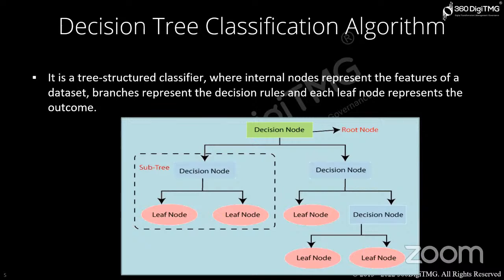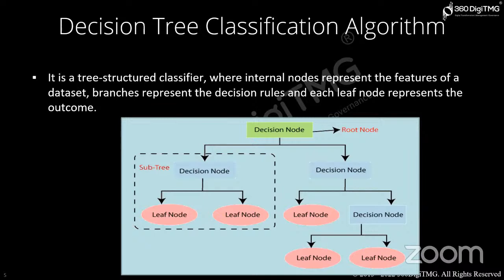The internal nodes represent the features of the data, branches represent the decision rules, and each leaf node represents the outcome. After a leaf node, you cannot get anything. See in the picture, it is clearly showing the decision node, where we need to think. That is also called the root node.